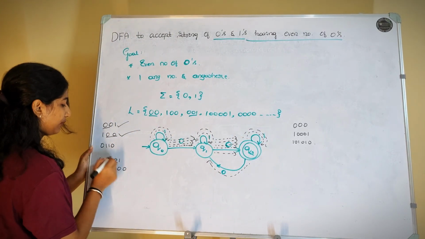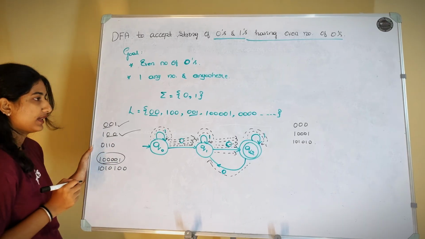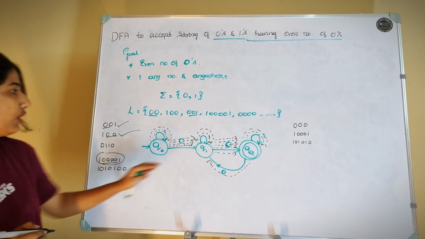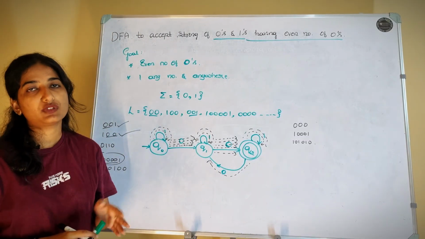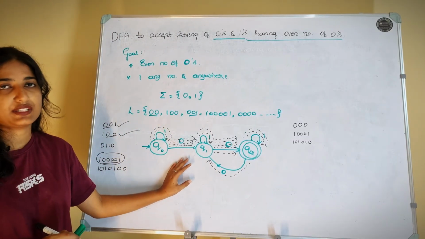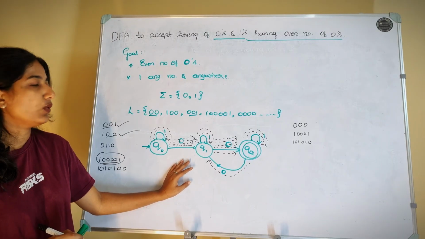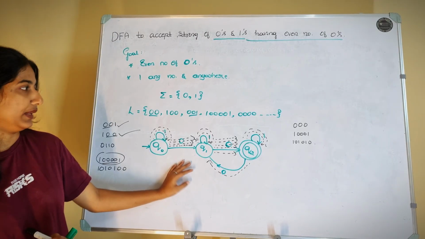Here it has even number of zeros, so it will get accepted. So now check for all these 4 examples and let me know the answer whether our transition diagram is correct or not.